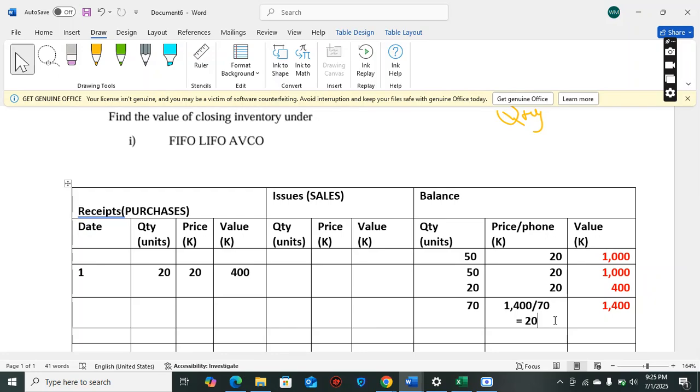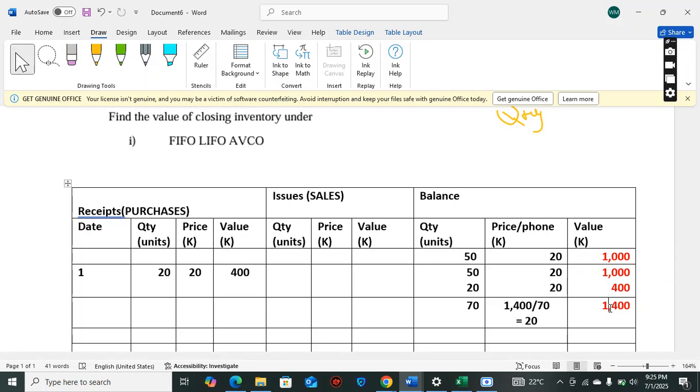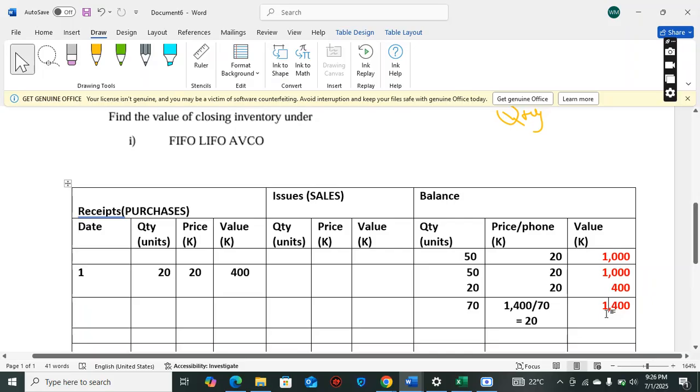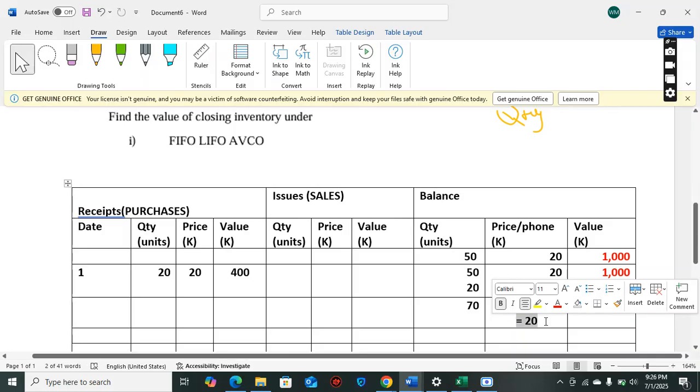Any other question? The average cost. When you have a purchase or an issue, you're going to just use this average cost that you've tabulated.